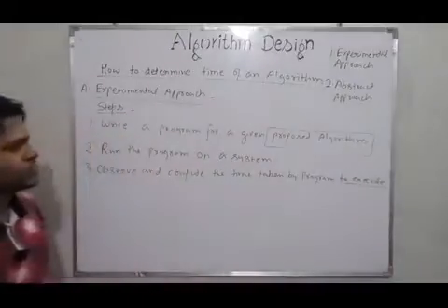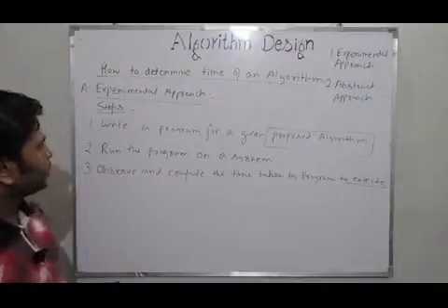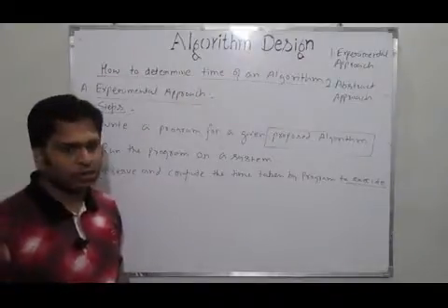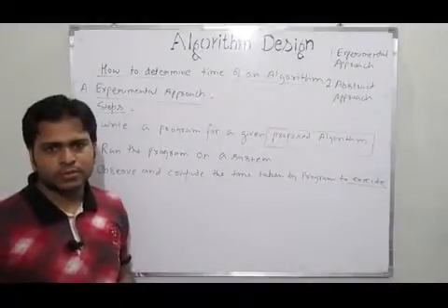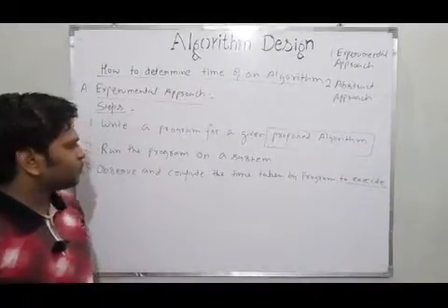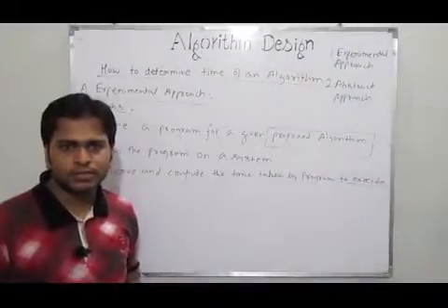So this approach is simple and straightforward. Fine. Where we have to write a program for a given algorithm and then run that program on the system. Thereafter, we have to observe the time taken by the program to run on the system.